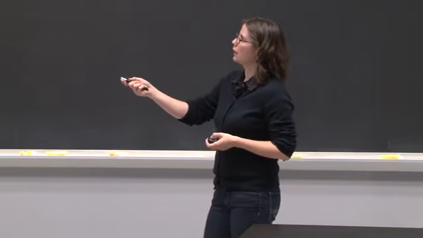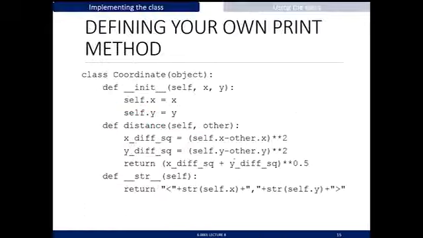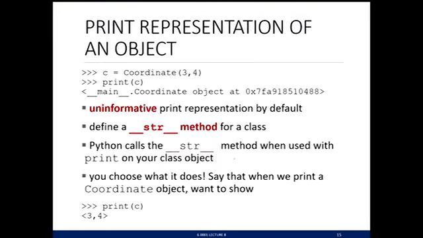So if you create a coordinate object, c is equal to Coordinate(3, 4), that's what we've done so far. If you print c, you get this funny message. Very uninformative. It basically says, c is an object of type coordinate at this memory location in the computer, which is not what you wanted at all. Maybe you wanted to know what the values for x and y were.